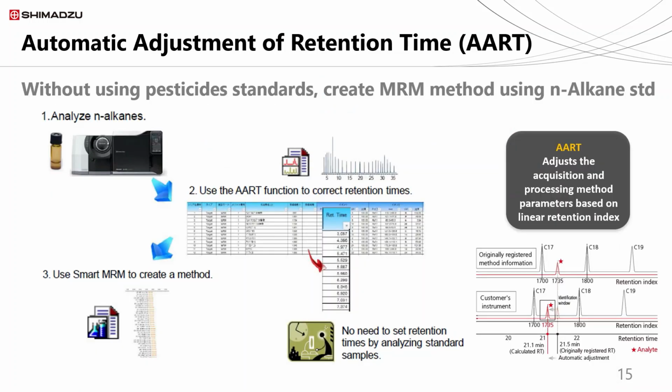Alternatively, since this database contains retention indices, retention times can be predicted with a single n-alkane analysis via ART function. Using the predicted retention times, user can create MRM methods without purchasing or analyzing any analytical standard. Both these features, that is use of retention indices in database and ART function in the software, are unique for Shimadzu.